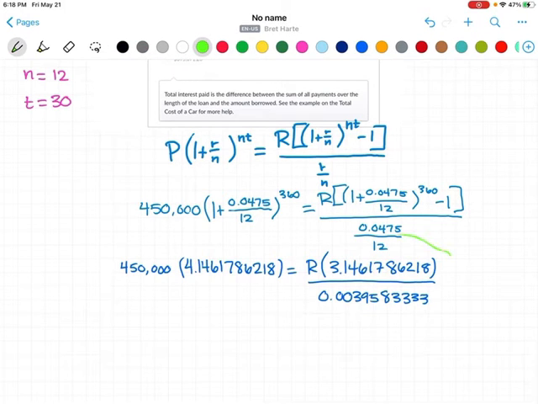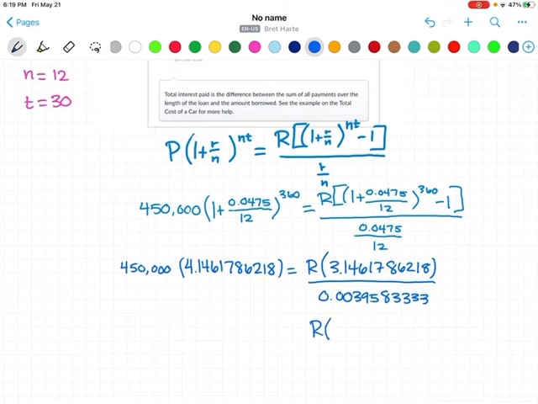We're going to divide 3.14617 86218 by 0.00395 8333, and we get R times 794.824079569.